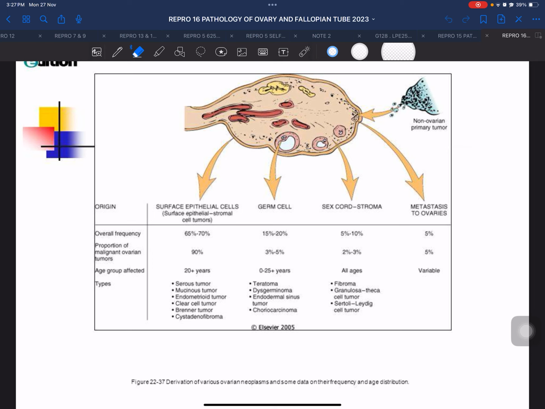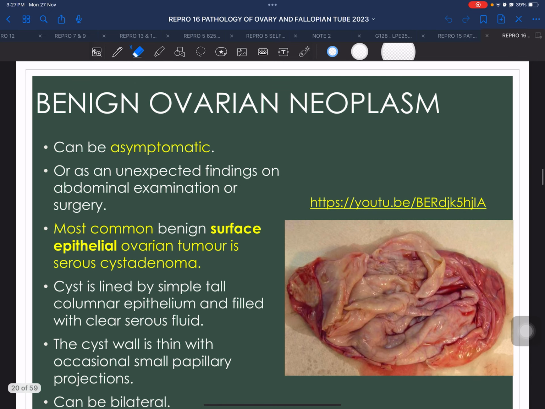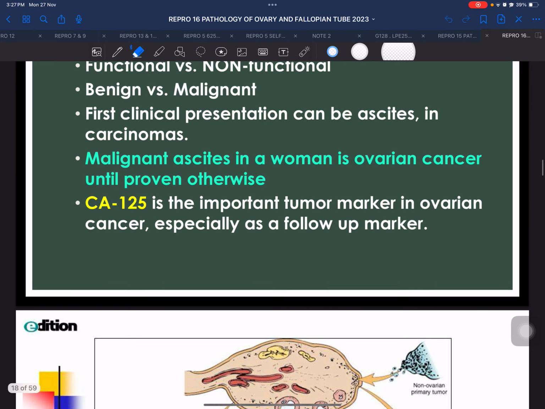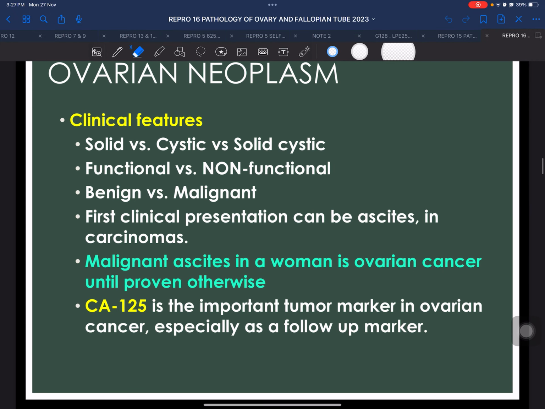So for the clinical features of ovarian neoplasm, again, we have to look at the first thing that I have talked about earlier. We need to know whether this is a solid lesion, whether it is solid or cystic or mixed solid and cystic, whether they are functional or non-functional, whether they are benign or malignant, whether you have accompanying ascites with it. Okay, because malignant ascites in a woman with ovarian cancer is an ovarian cancer until proven otherwise.